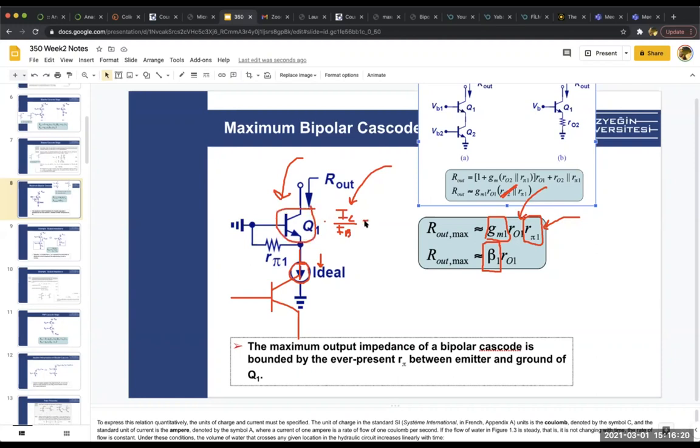If you create a really good amplifier, which means a huge beta, then that also means you are boosting your ROUT. Basically, r_pi times your transconductance is limiting your ROUT. So your output impedance, your ROUT, will always be bounded by r_pi.